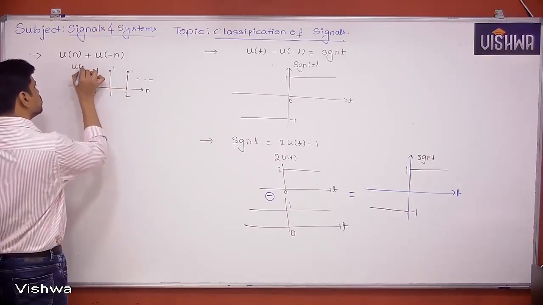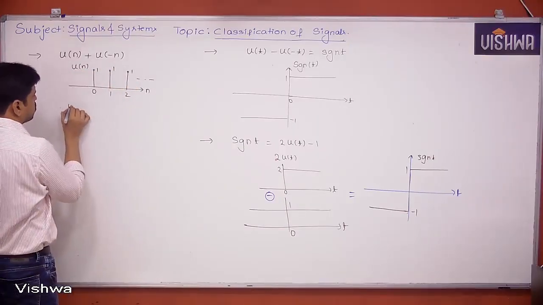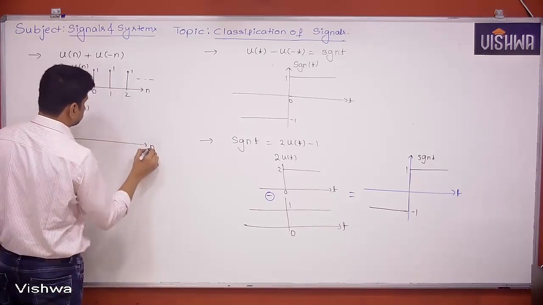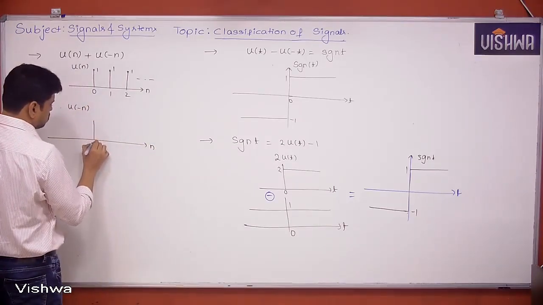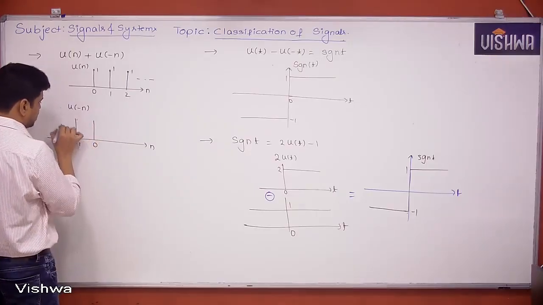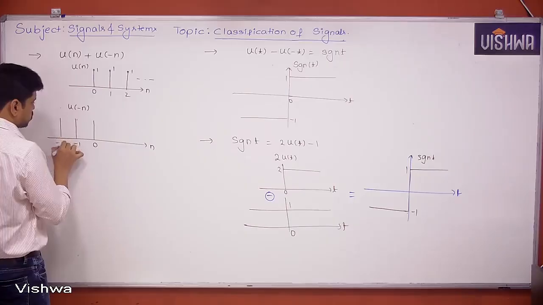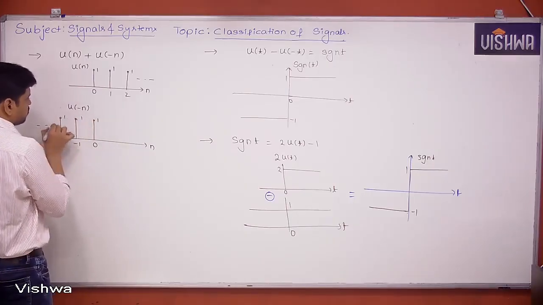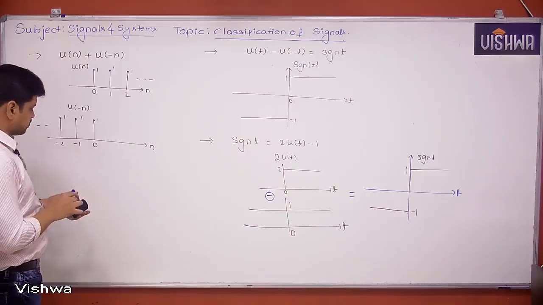This is what u of n is. U of minus n, simply folding it at 0, 1, minus 1, minus 2, and so on.